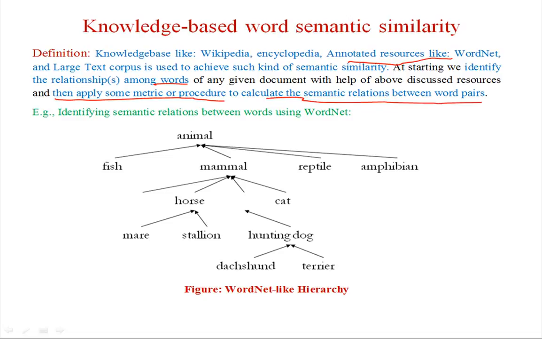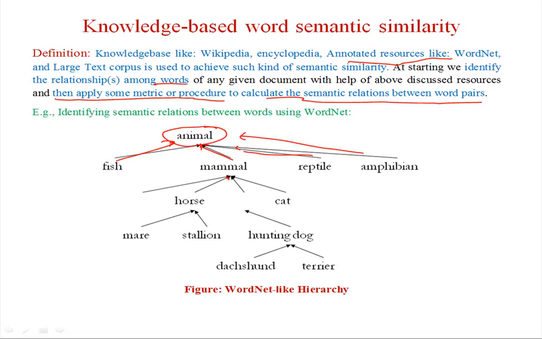For example, for a given text we identify the relations among the words by using WordNet. For example, fish is an animal; mammal is a part of animal; reptile is a part of animal; amphibian is also a part of animal; again, horse is a part of mammal; cat is an example of mammal; mare and stallion are types of horse, like that.